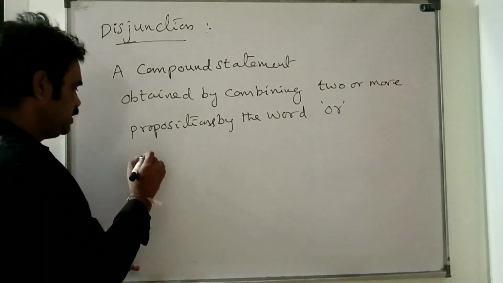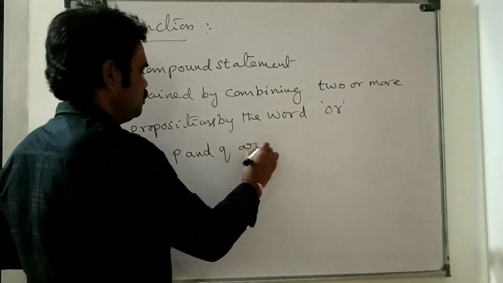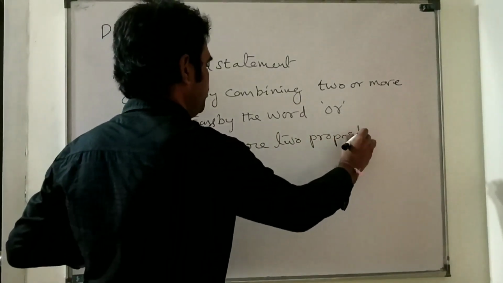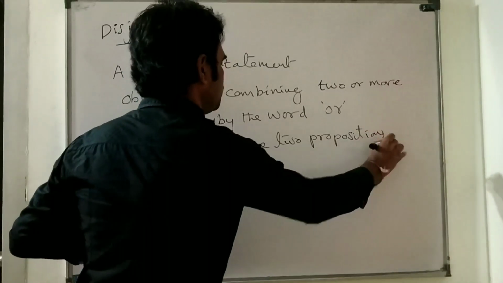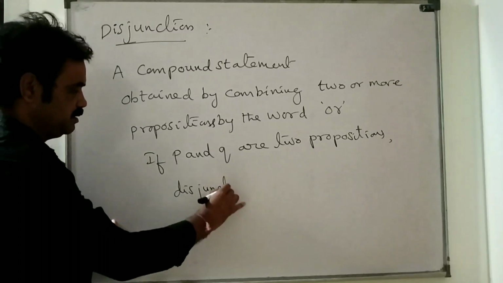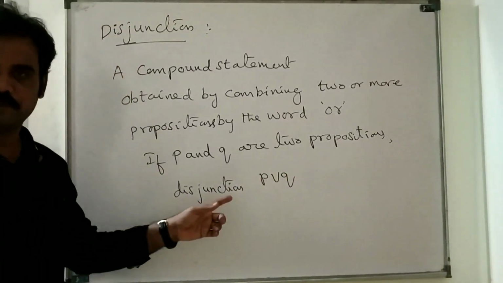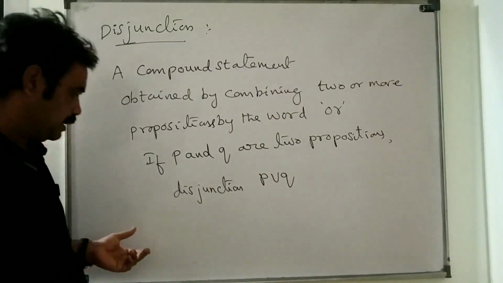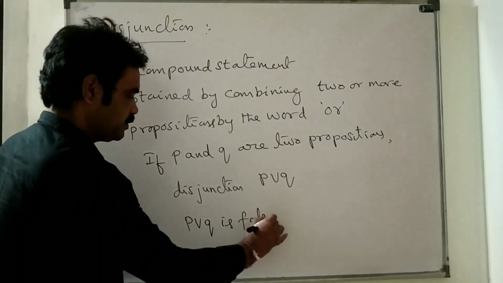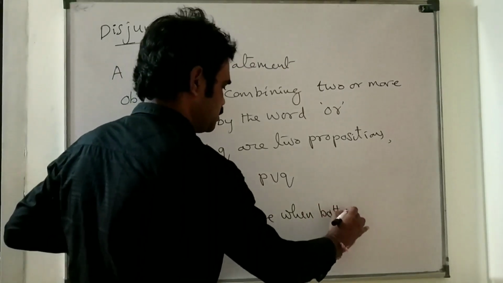If P and Q are two propositions, then their disjunction is denoted by P ∨ Q. And the disjunction P or Q is false when both P and Q are false.